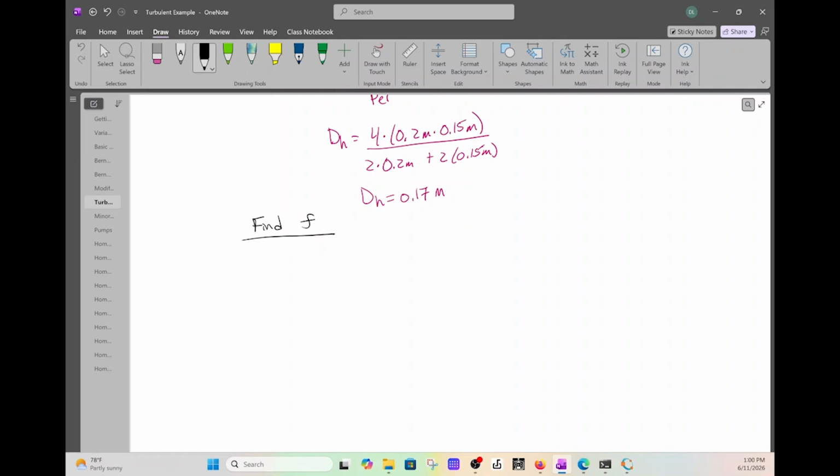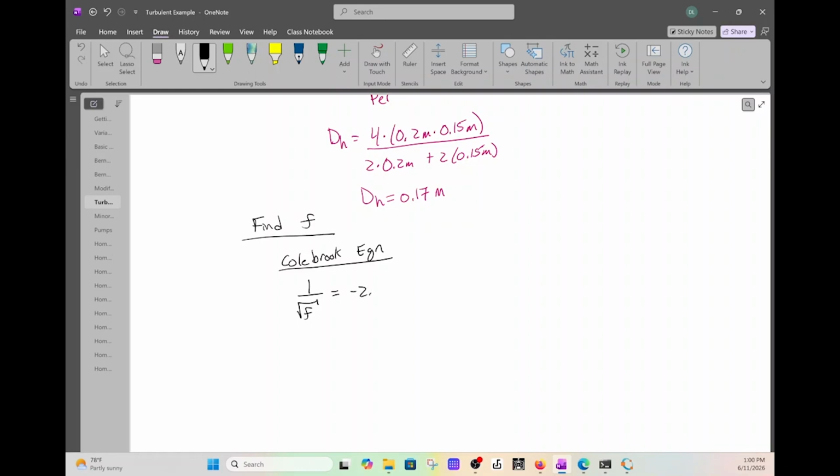We're going to use the Colebrook equation. I know it's turbulent, but I'm just going to show you because of the Reynolds number. This is the Colebrook equation.